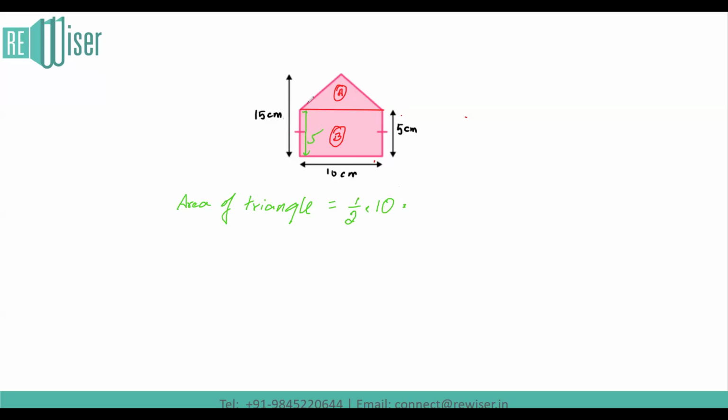So the overall length is 15, so this length has to be 10, right? So it's half into 10 times 10, which is 50. Then the area of rectangle is length into breadth. So that's basically 5 into 10, which is 50. So the total area is going to be 100.